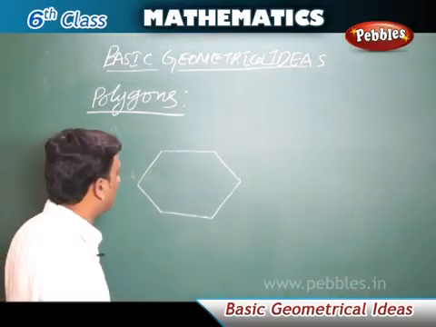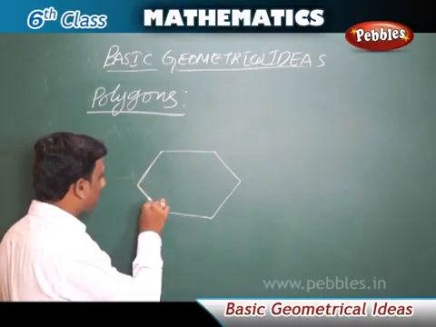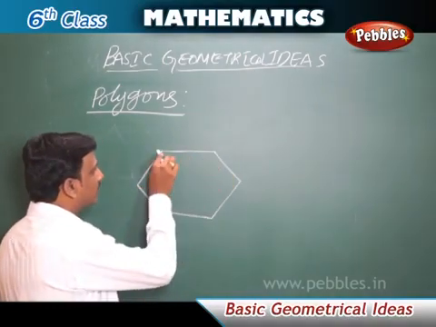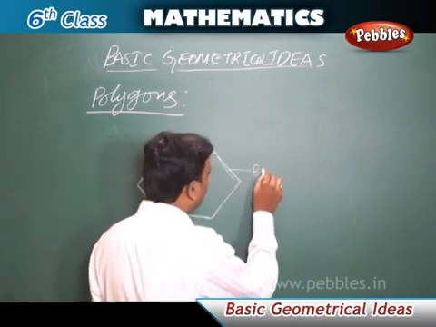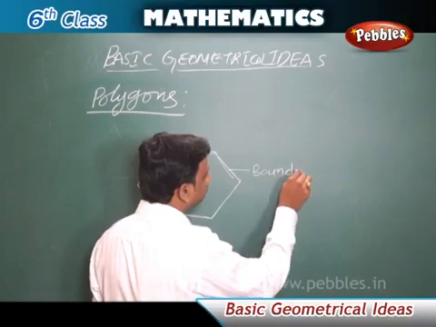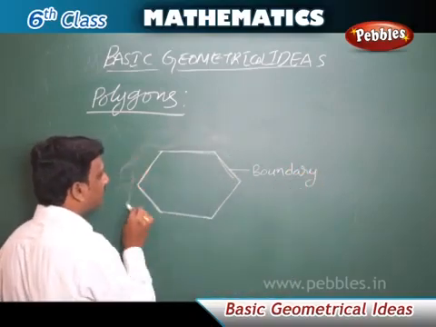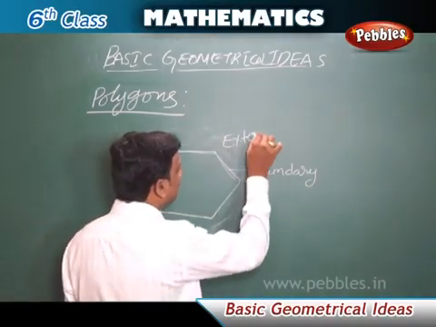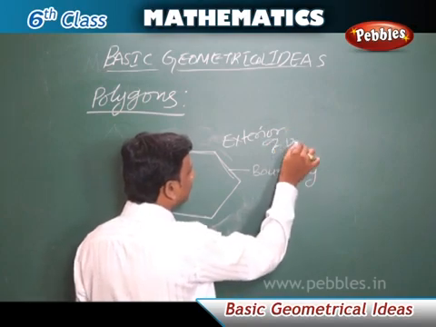Now let us look at the different parts of a polygon. So here we have drawn this polygon, a simple closed figure. So this outline is called as the boundary of the polygon. The area that is outside the polygon is called exterior of polygon.